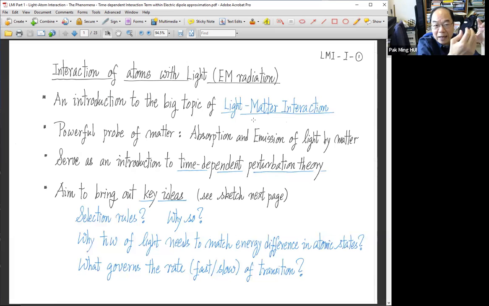Spectral lines means light is coming out or absorbed. This is atom-light interaction. So this is the topic of the next short module. We will study why there are absorption and emission of light by matter.